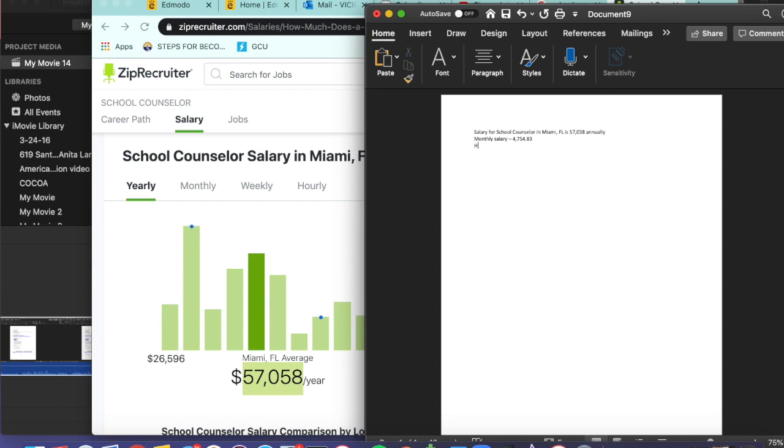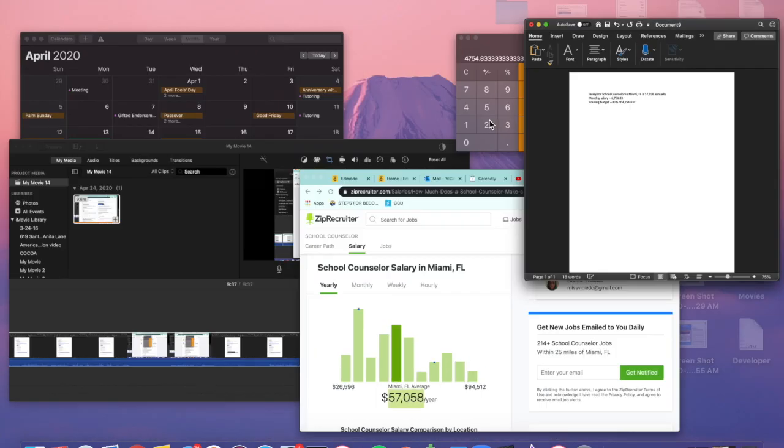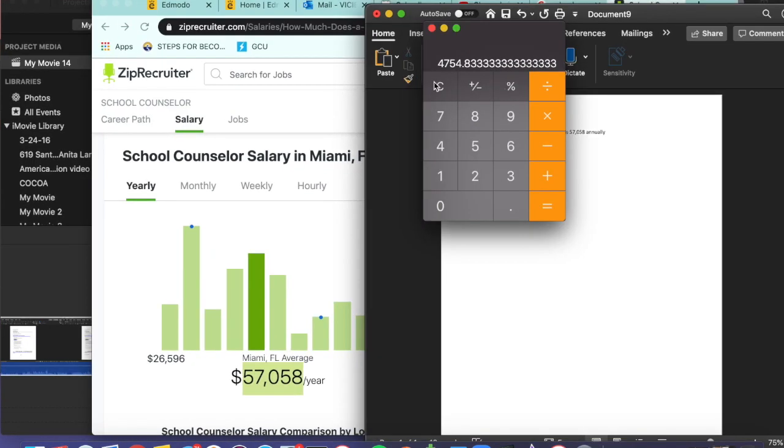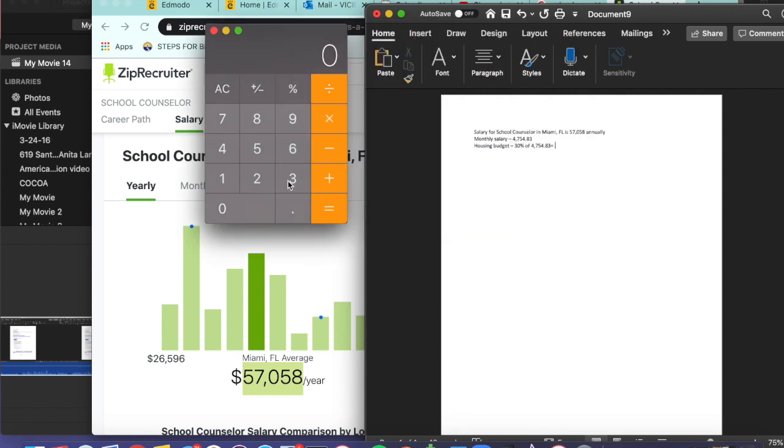Now we have to find out our housing budget. Our housing budget is 30% of that number. One way you can do this is to just multiply that number by 0.3. So I'll show you now: $4,754.83, multiplied by 0.3.